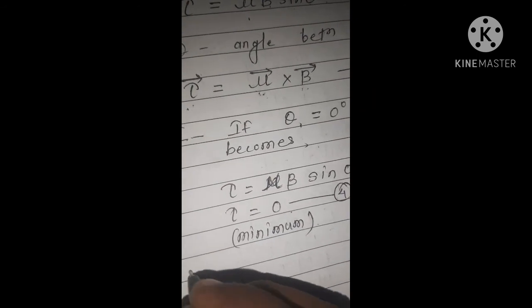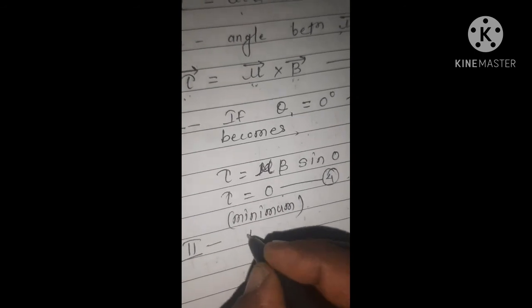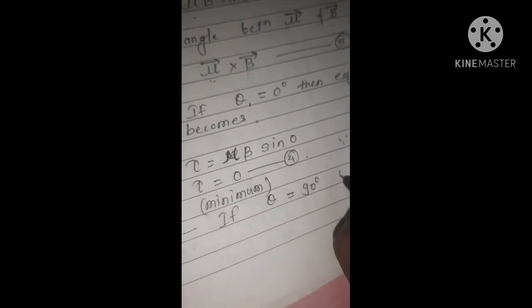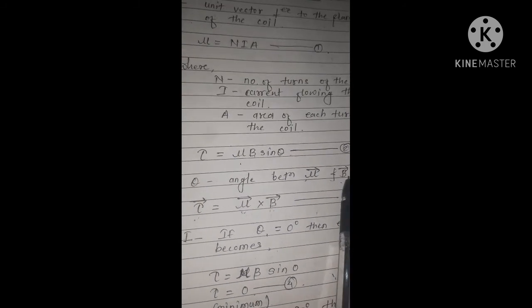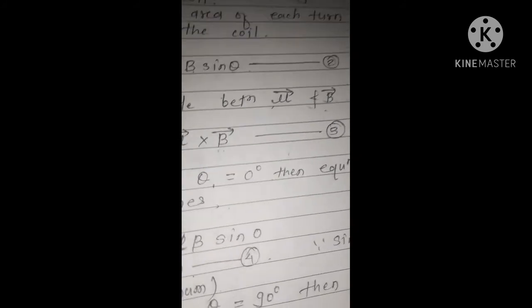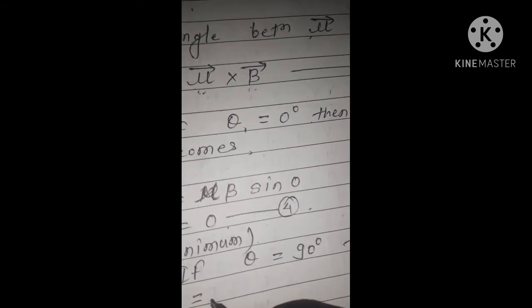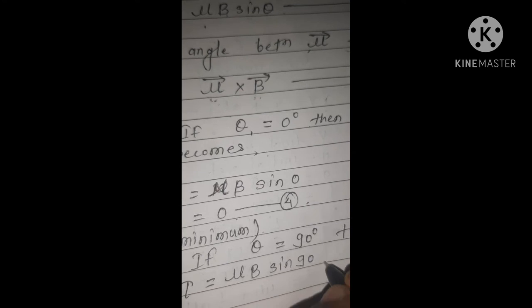Case 2. If theta is 90 degree, the angle between vector mu and vector B is 90 degree, then equation 2 becomes tau is equal to mu B sine 90.